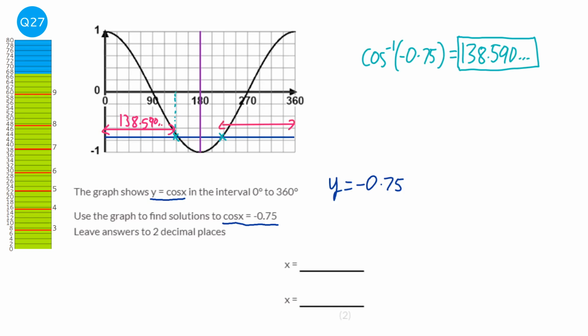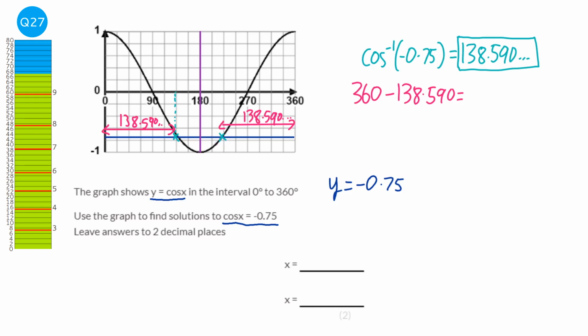That must also be 138.590, blah, blah, blah. So to work out what this coordinate is, all we need to do is 360 take away the 138.590. So 360, which is here, take away this bit here that we know, and that will tell us what this bit here, what this coordinate here is.